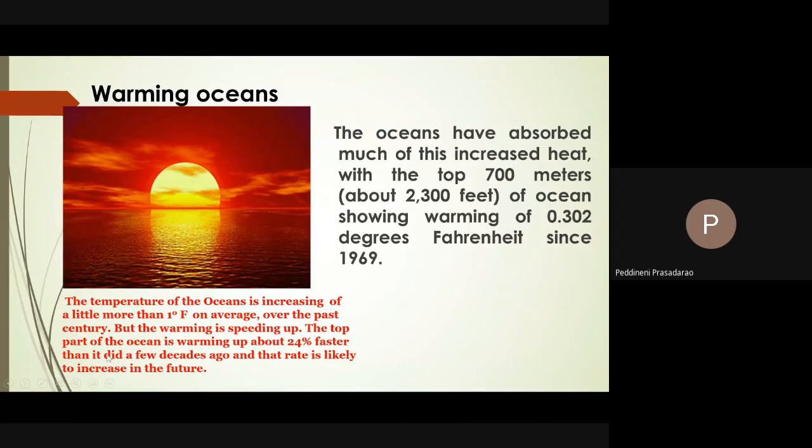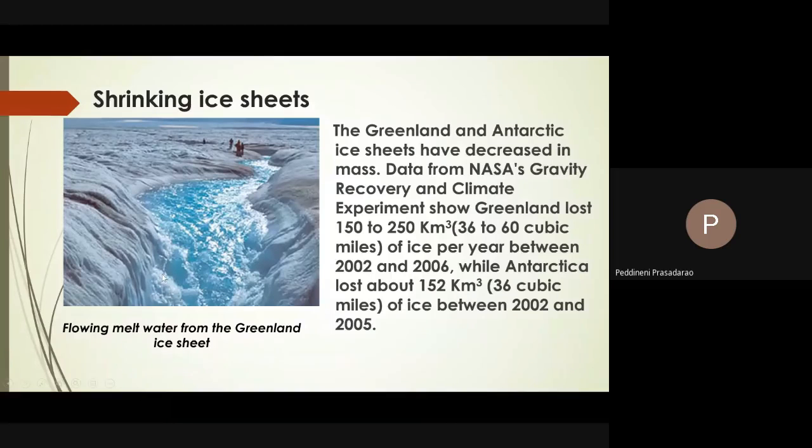The top part of the ocean is warming up about 24% faster than it did a few decades ago, and that rate is likely to increase in the future. So every indication says that the oceans are getting warmed up. And again, shrinking of ice sheets.